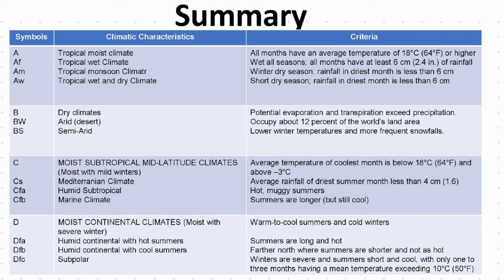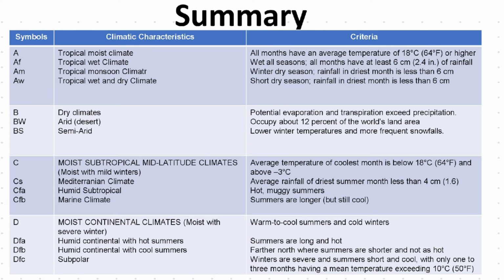Then the second one is AM, the tropical monsoon climate. Winter dry season. Rainfall in the driest month is less than 6 centimeters. Then the last one under group A is AW, tropical wet and dry climate. A short dry season, rainfall in the driest month is less than 6 centimeters.